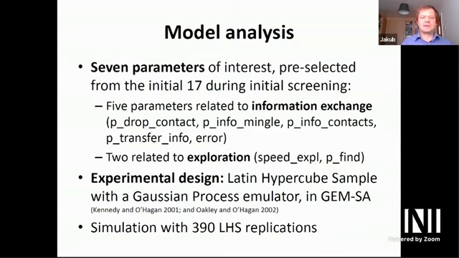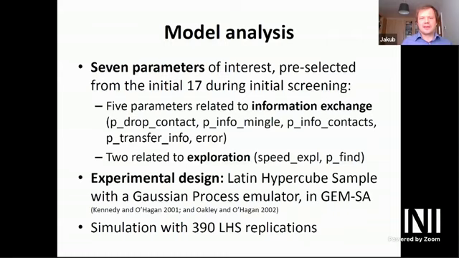Of those 7, 5 were related to information exchange and 2 to exploration. So the behavior of the model is very much information driven, and this is a statistical result. This is not something that we anticipated when building it.